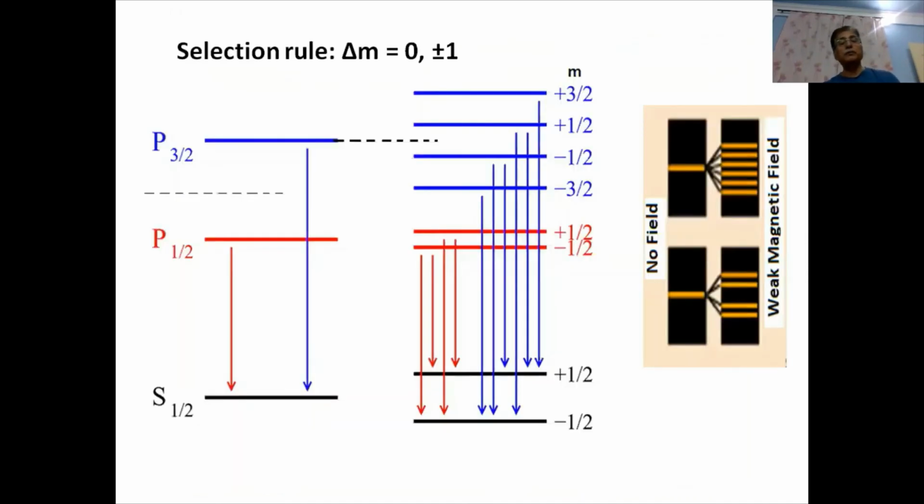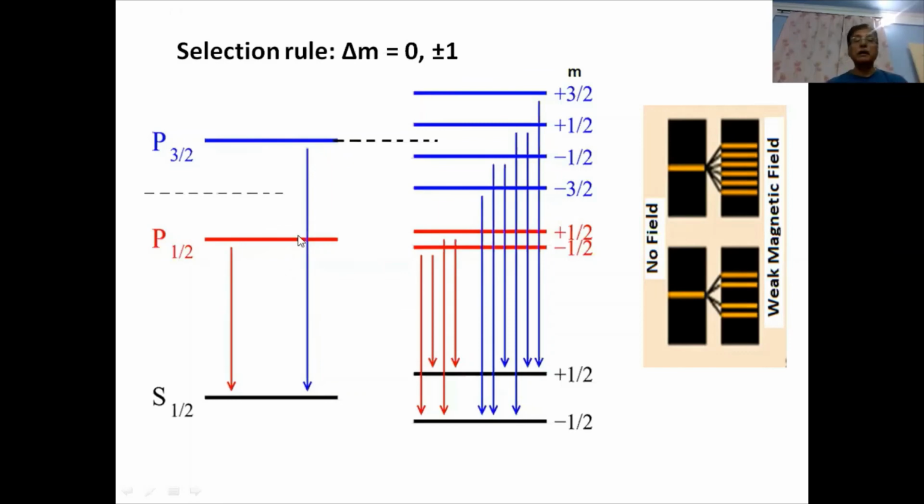And here we have those levels shown clearly. Earlier, from the doublet fine structure, we had P 3/2, P 1/2, with a center of symmetry, and this was because of the spin orbit interaction. This is S 1/2. So these levels are present in the field free case.